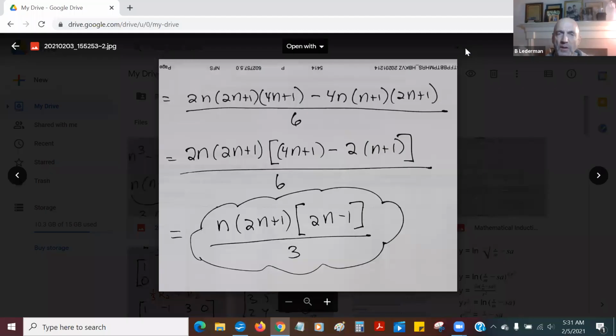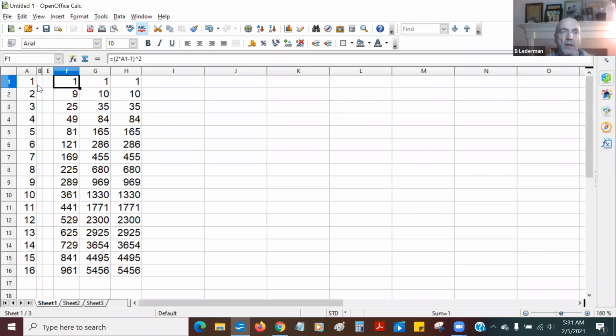Let's test out that formula in our spreadsheet just to see how it goes. So let me explain how I did this. So here we have, again, column A is all the positive integers. Column F, if you look up on top, that's 2 times A1 minus 1, squared.